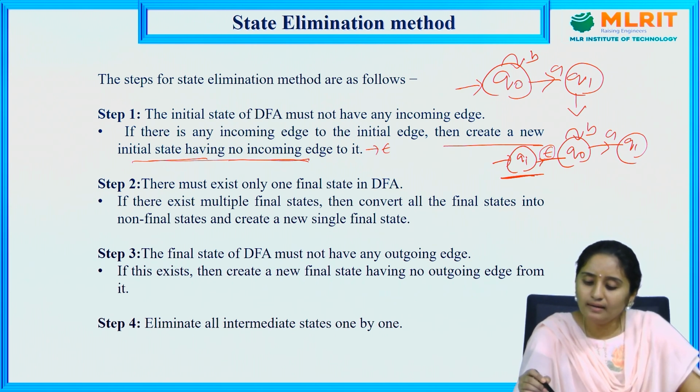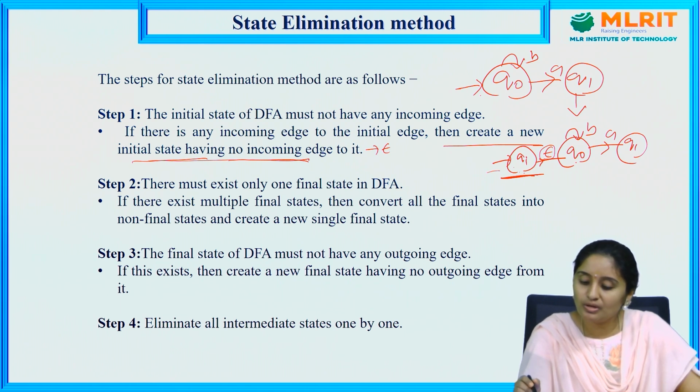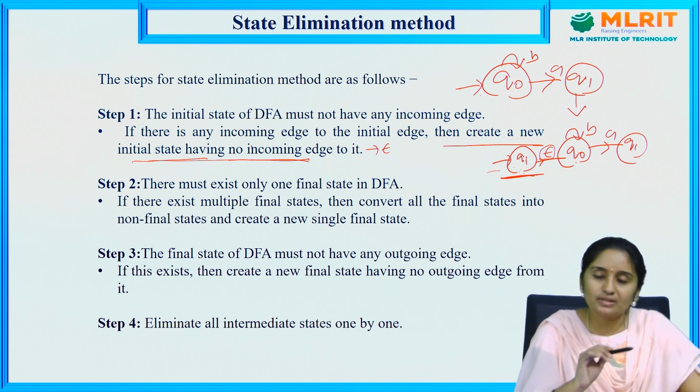See here, in Q0 I have B as an incoming edge: on B it comes back to Q0. As Q0 is my starting state, I create a new state, Qi, which will be our starting state, with epsilon moves to Q0. Now check it: the initial state is Qi. Are there any incoming edges? No incoming edge, so the first step is satisfied.